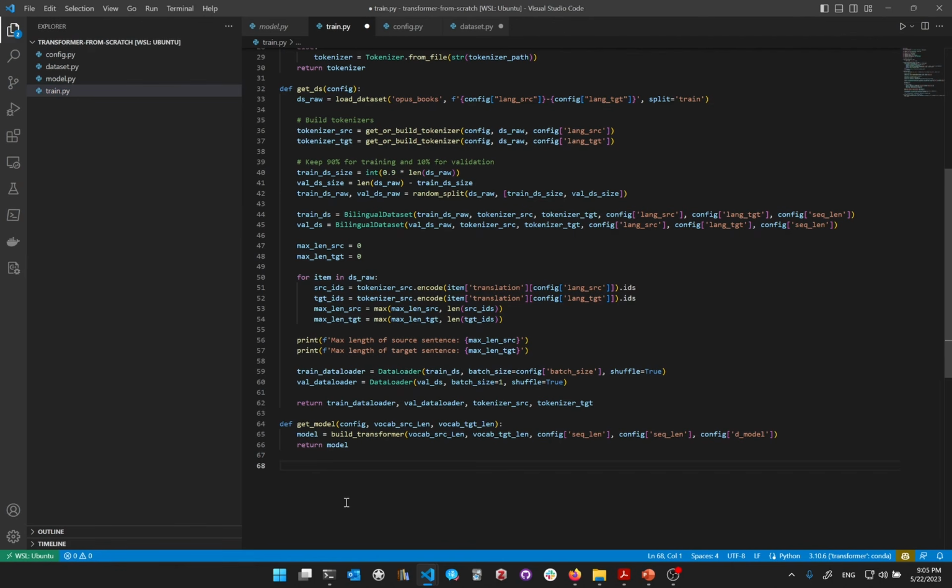Okay, we can finally build the training loop now. So, train model given the configuration. First we need to define the device on which we will put all the tensors.